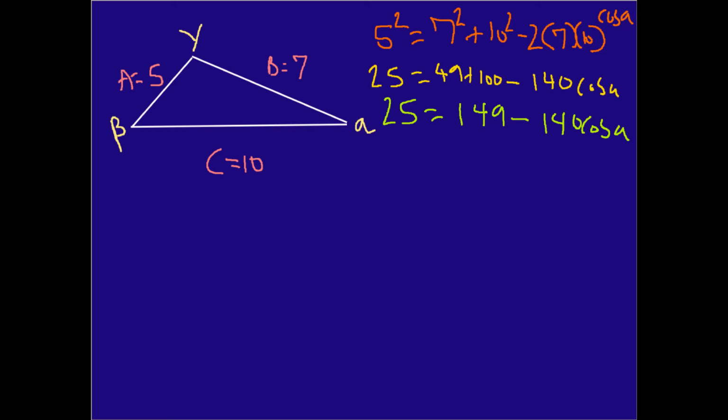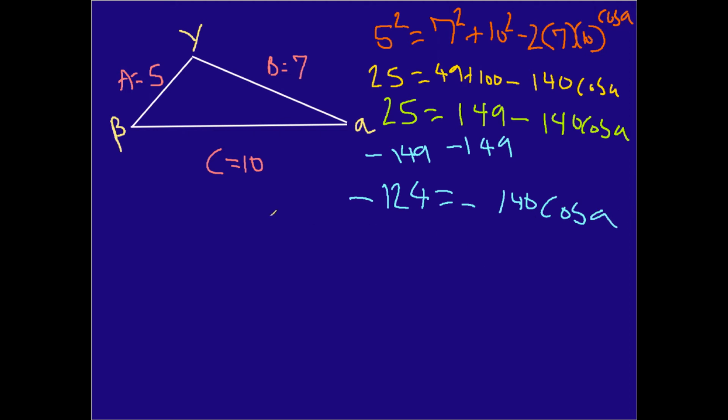Then the next thing we do is we subtract 149 from each side. And then we're stuck with negative 124 over here equals negative 140 cosine alpha.